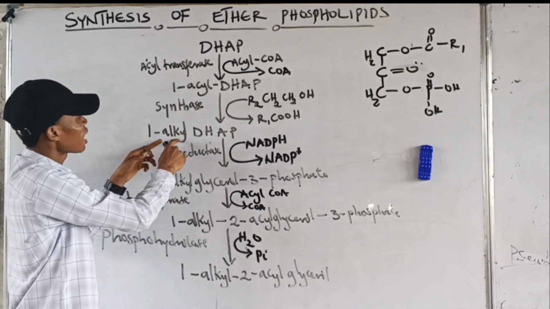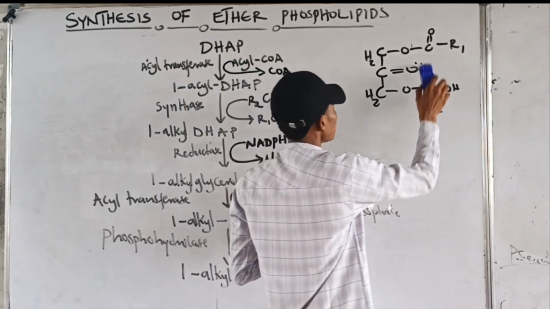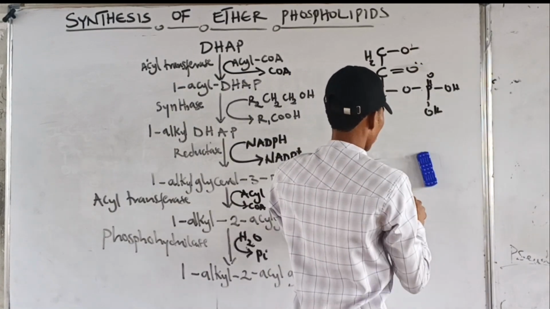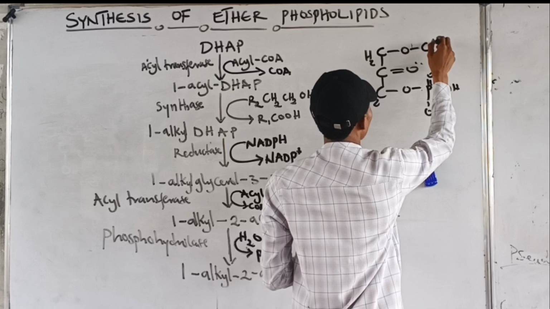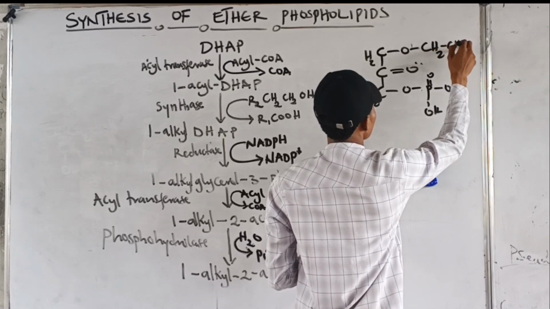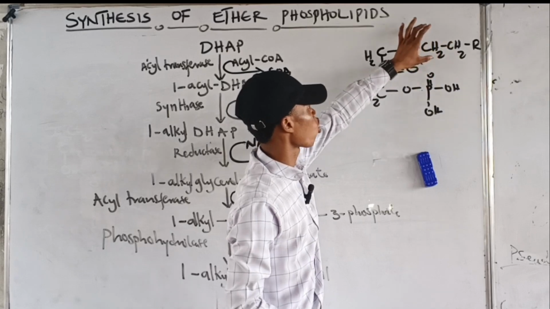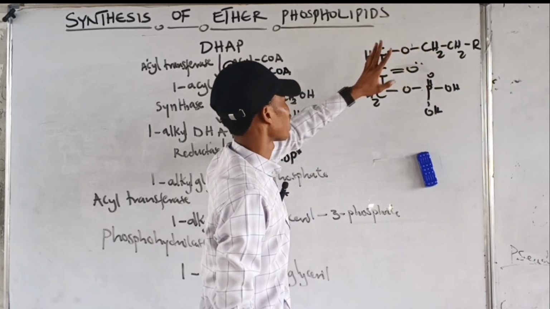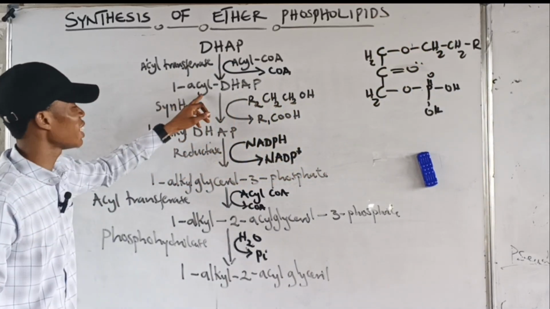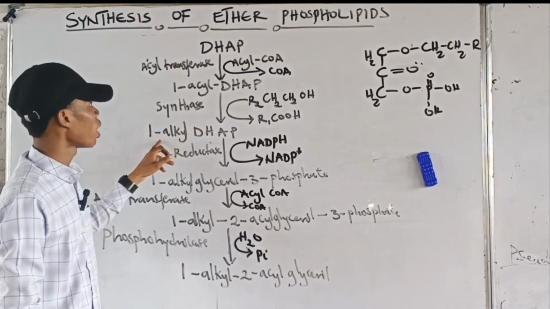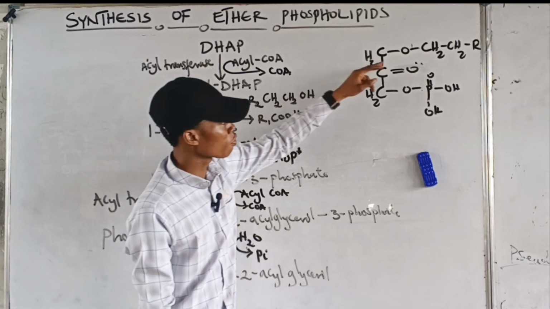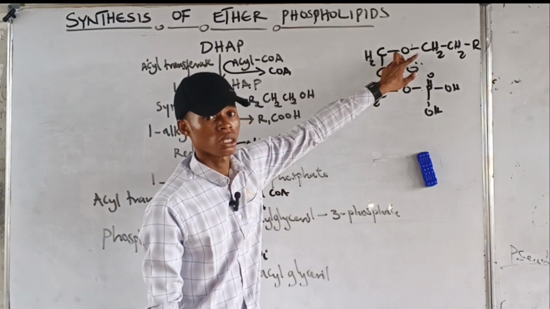It's now 1-alkyl. So I will now be having something like this. This is an alcohol attached. So it is no longer 1-acyl, but now 1-alkyl. You can see we've even gotten our ether functional group here.